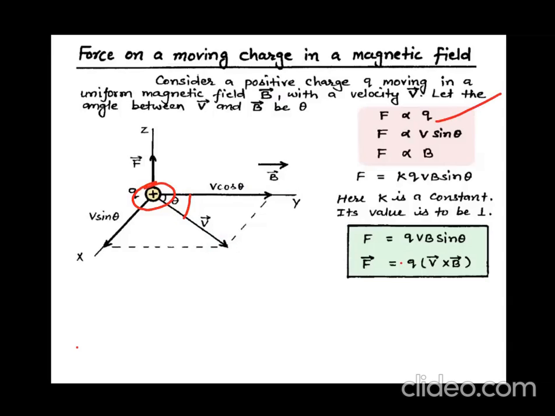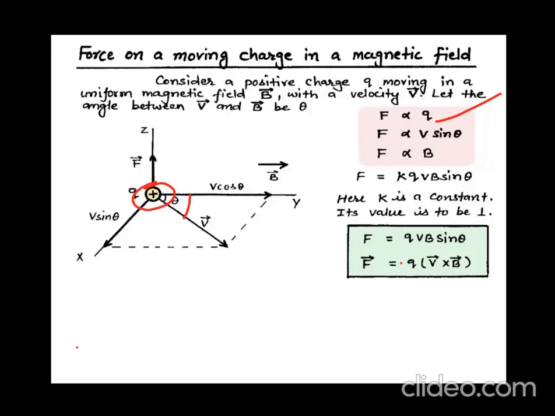How children? Because we know when the charge is moving, it produces current. If there is more charge, the current will be more, and we know that if the current is more, then the magnetic field will also be more, because in class 10th we have done that magnetic field is directly proportional to the magnitude of the current. If we increase the current, the magnetic field will also increase.